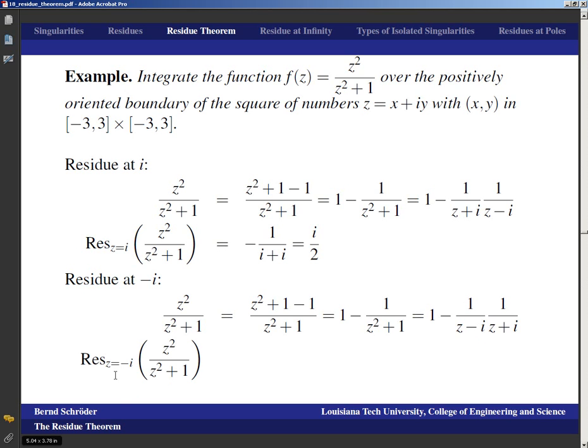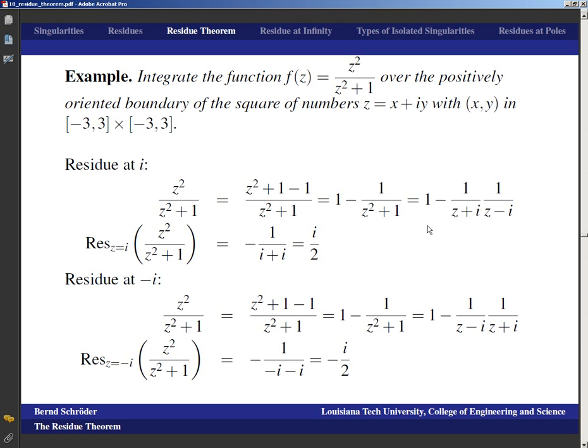So the residue at z equals negative i of z squared over z squared plus 1 is negative 1 over negative i minus i, which is 1 over 2i, and 1 over i is negative i, so negative i over 2 would be the answer here. So see that sometimes you actually use the same computation to get the residues at two different places.